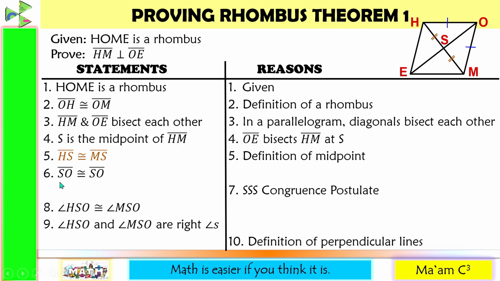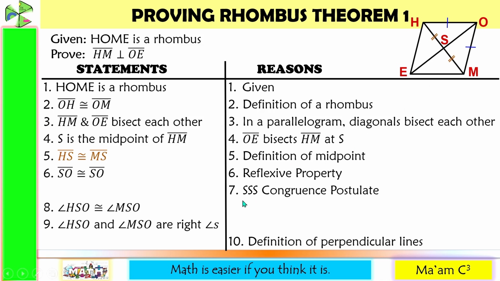Next statement here, SO is congruent with SO. Very easy. Reflexive property. A quantity is equal to itself. So if that is the case, we have now side, side, side.